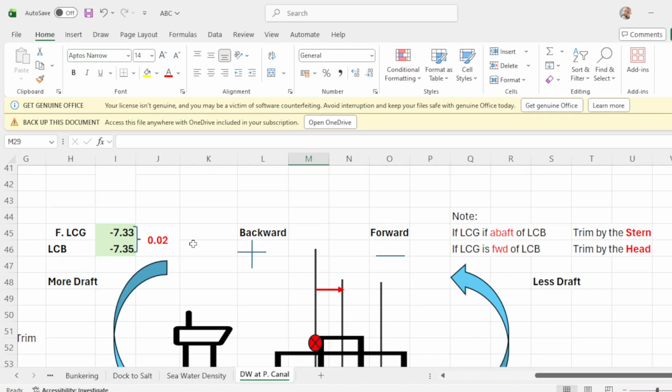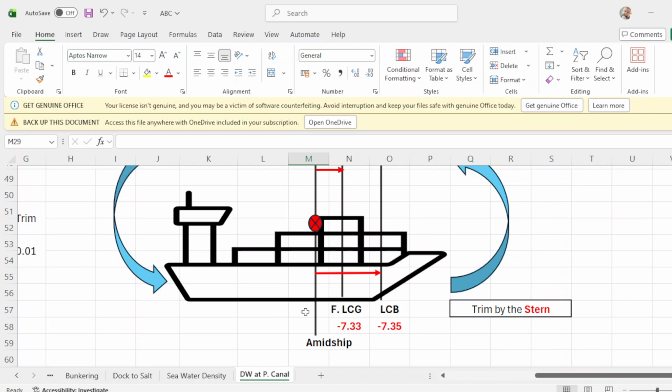Okay, so in this situation, you are trimmed by the stern.